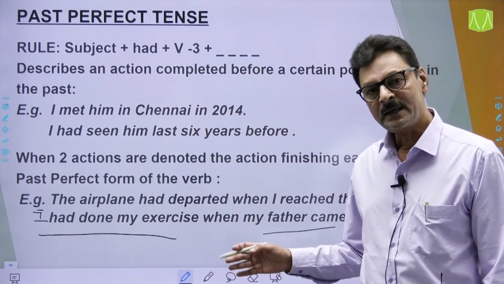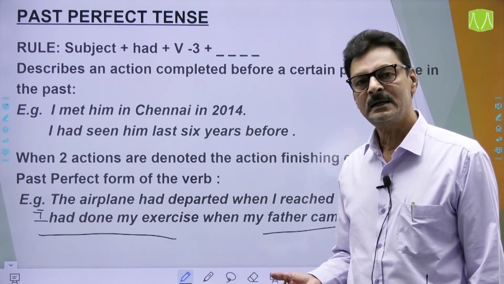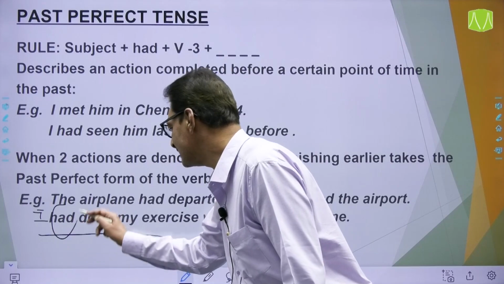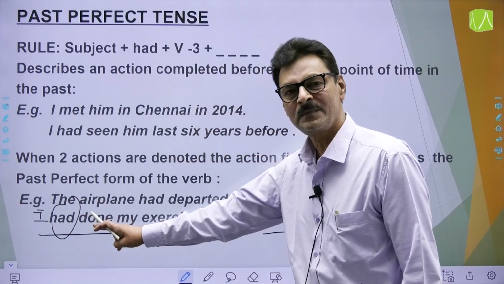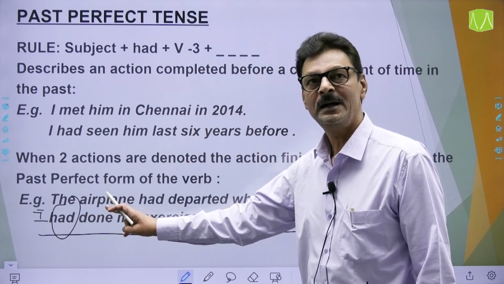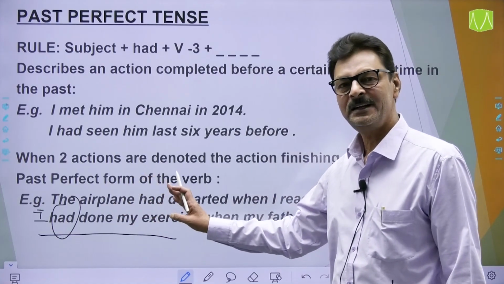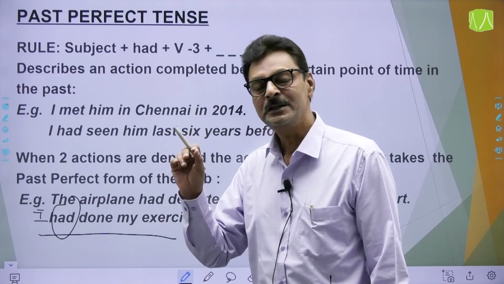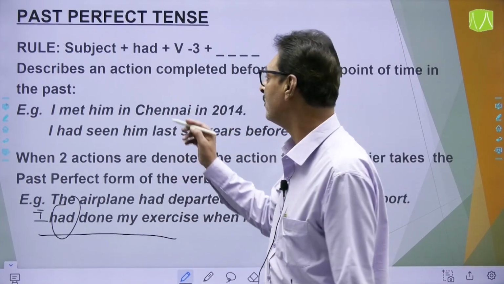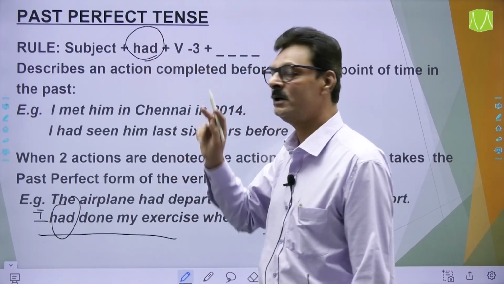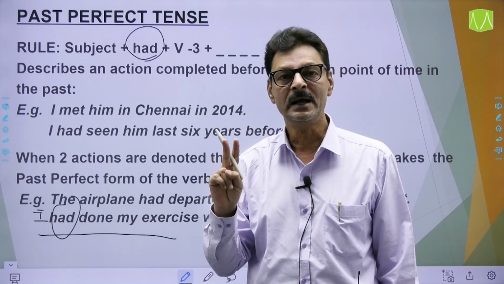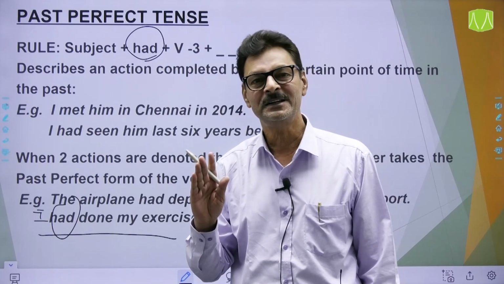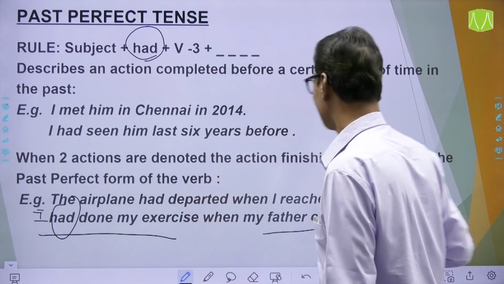So father came earlier or I had finished the exercise earlier? Yes, I had finished the exercise earlier because we come to know from this helping verb had. So this is the way past perfect tense is used. Yes. So this usage, the placement of this helping verb had is very important when you talk about two actions. So please don't make mistakes in this particular tense.